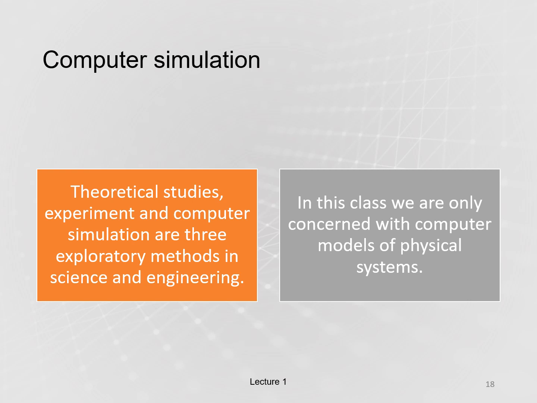Computer simulation is made up of what? Models and equations. In this class we are only dealing with computer models and physical systems, civil engineering physical systems. We are not talking about experimental work or theoretical studies here.